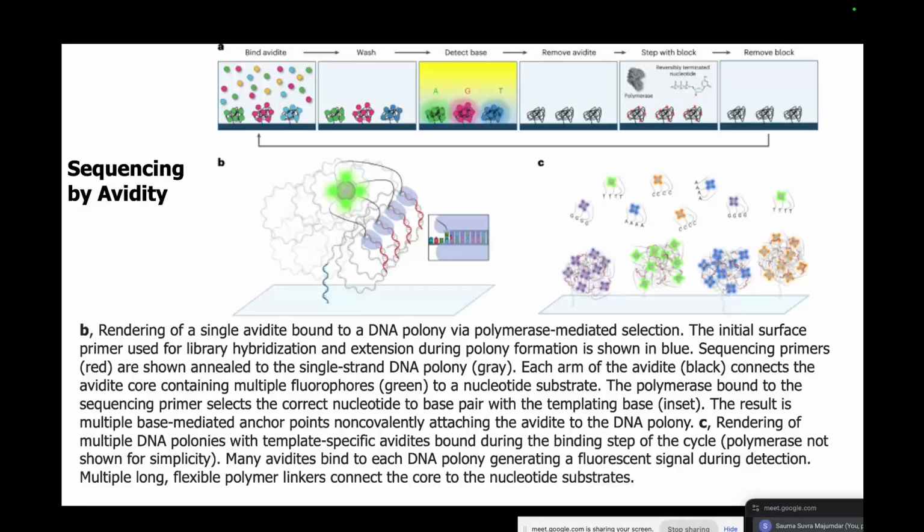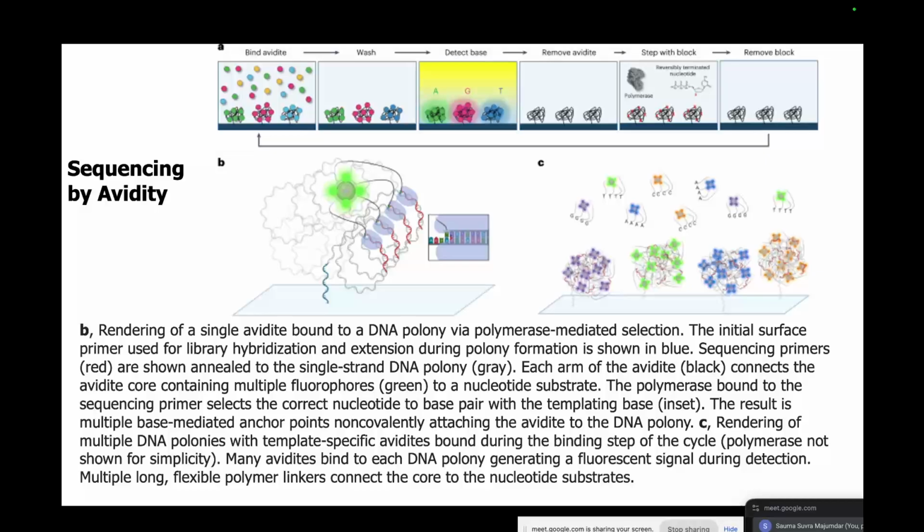So again, just a quick recap. For DNA sequencing by avidity, the USP is that you have these multivalent avidite molecules which contain fluorescent signals for all the different types of nucleotides. You use them on DNA polonies, which are small nanoballs of DNA.